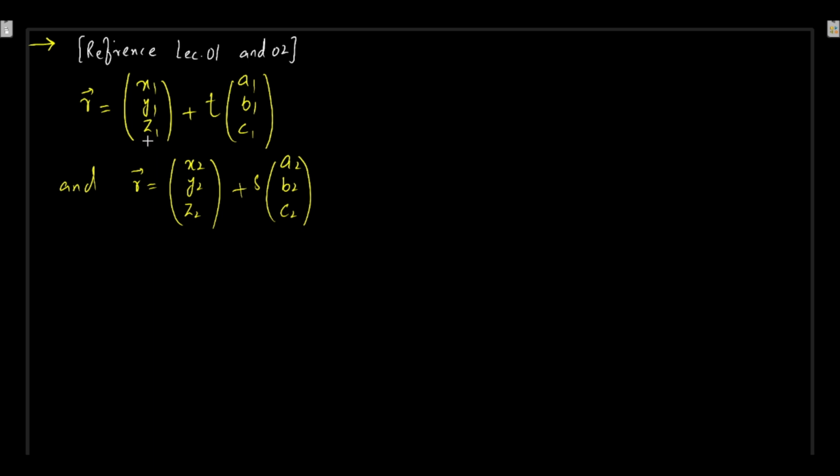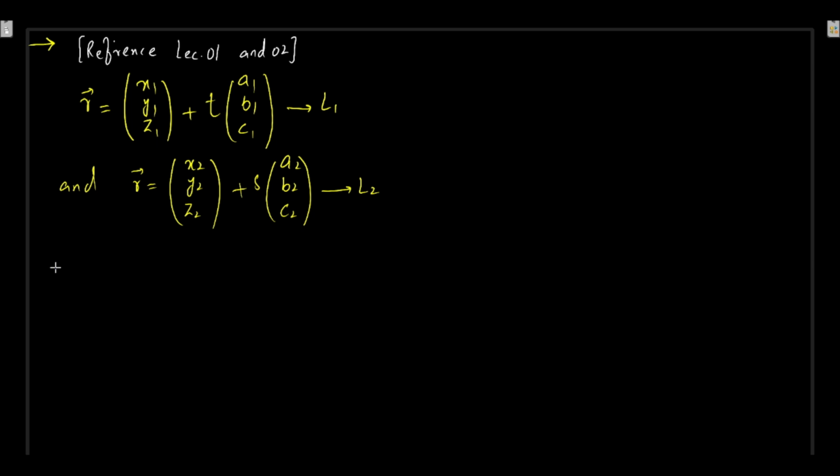Here x1 y1 z1 is a fixed point on the line L1, and x2 y2 z2 is a fixed point on the line L2. a1 b1 c1 is the direction vector of L1 and a2 b2 c2 is the direction vector of L2. t and s both are parameters. Now, we have to show whether these two lines are parallel, intersecting, or skew lines.